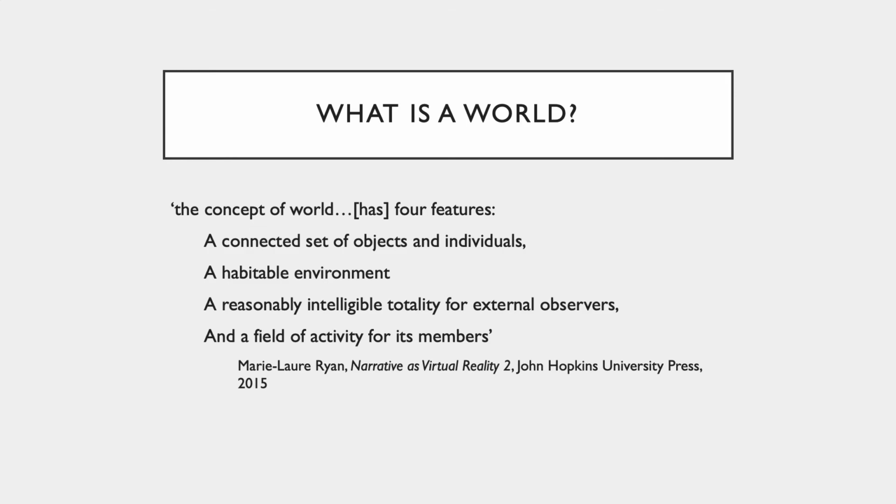Essentially it's about setting for the characters. So you've got your connected set of objects and individuals, the stuff, but they need to be in a place. That's our field of activity, the setting.